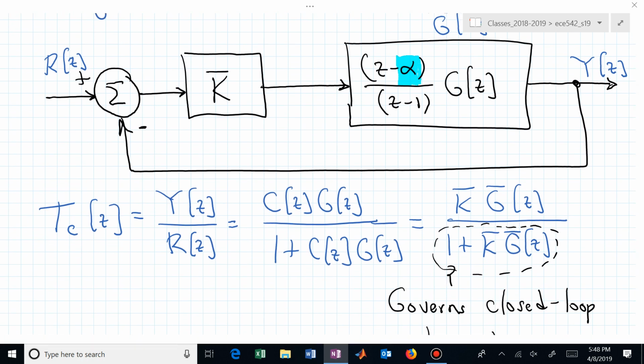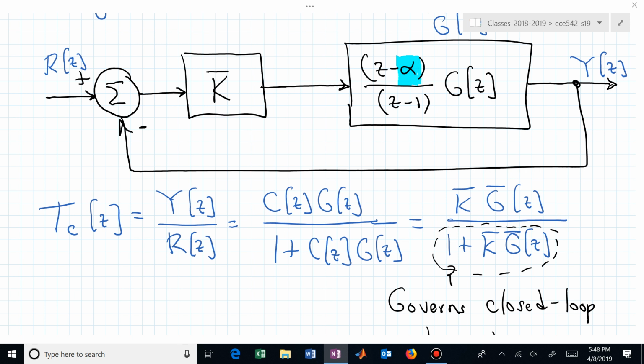We haven't had to use any new formulas. The closed loop transfer function is still CG over 1 plus CG. And if we push those two factors, a zero factor and a pole factor, in with G, we can call that now G bar. And we have K bar G bar over 1 plus K bar G bar.